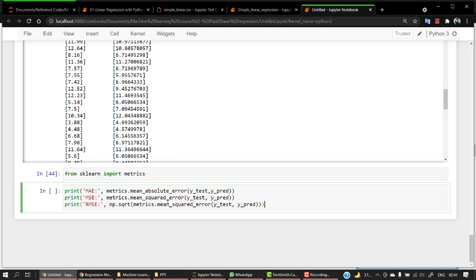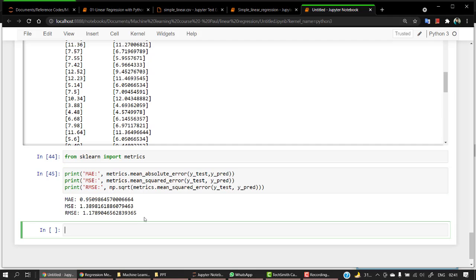Same thing for mean absolute error, and same thing for mean squared error. We can see that MAE, as I said, is quite a bit less than MSE and RMSE, because we have the absolute error. MSE is 1.38, which is quite okay, and RMSE is 1.17, which is also quite okay.